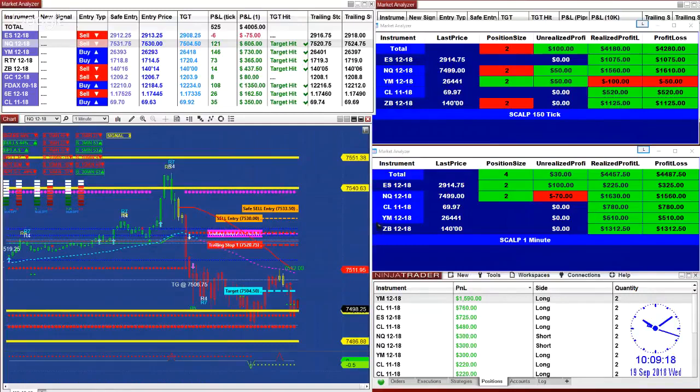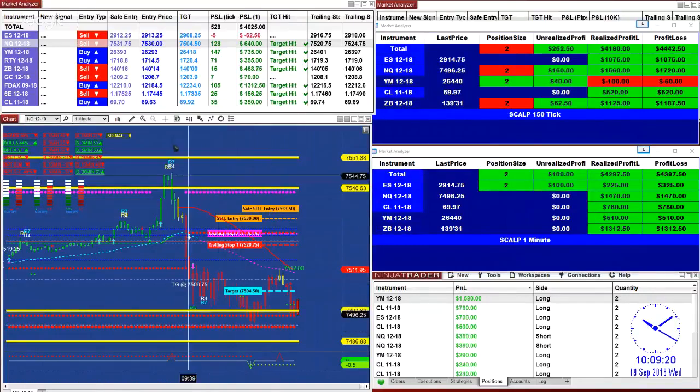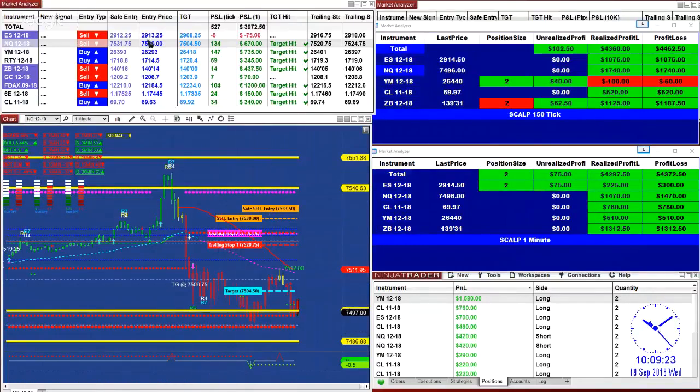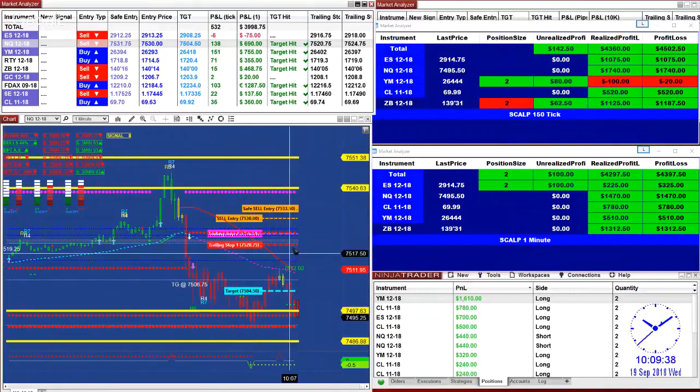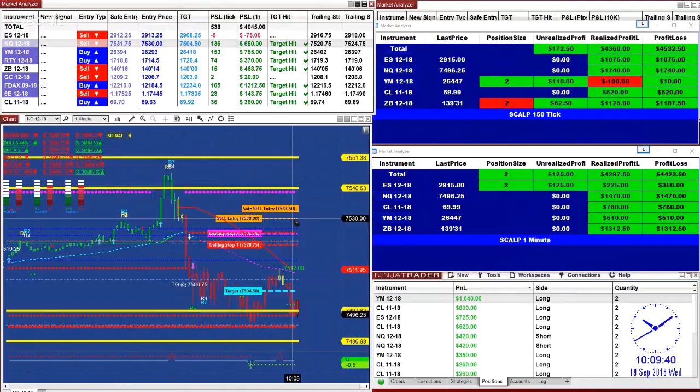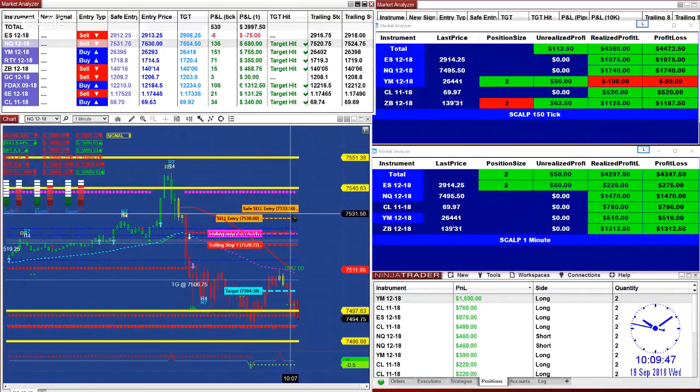The re-entry price on the Nasdaq is 753,175. I'll tell you where the re-entry point is, right there, right in front of you. It's right there.